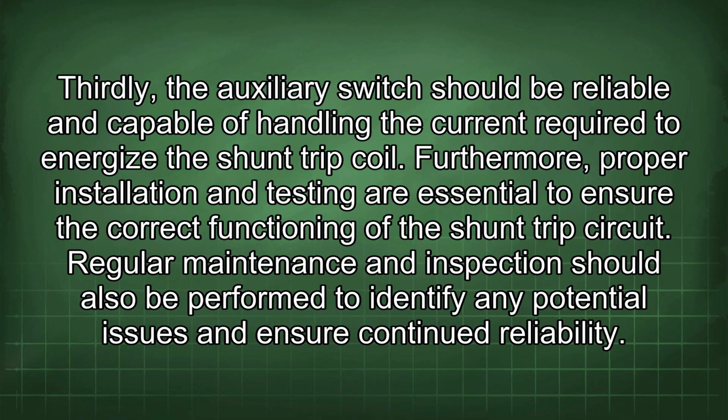Thirdly, the auxiliary switch should be reliable and capable of handling the current required to energize the shunt trip coil. Furthermore, proper installation and testing are essential to ensure the correct functioning of the shunt trip circuit. Regular maintenance and inspection should also be performed to identify any potential issues and ensure continued reliability.